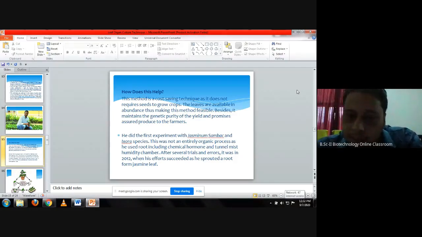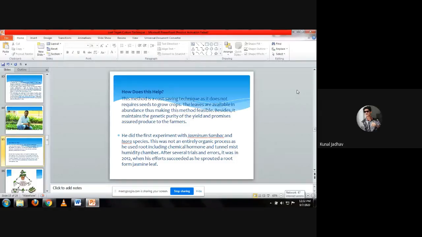So here a permutation and combination happened, and there is a probability that you will get a new progeny. But here, you are using a leaf. A leaf is not a reproductive organ. Right? The reproductive organ is the flower, and in this flower the seeds are formed. So here the genetic purity of the yield is maintained. Yes, sir. Did everyone understand?